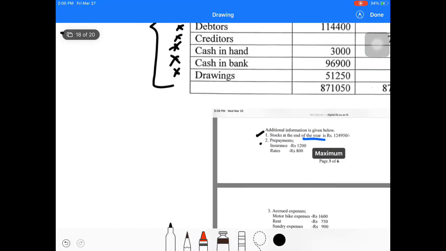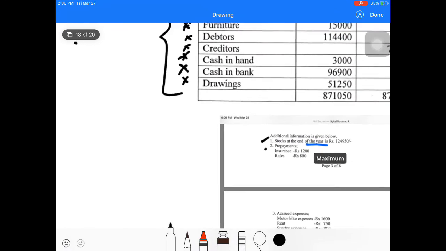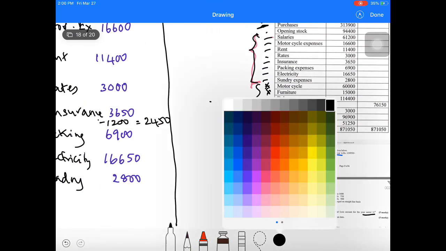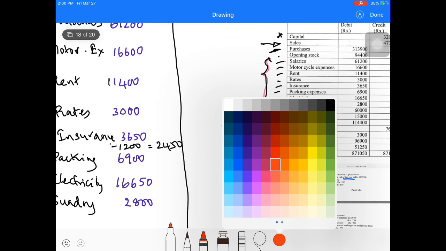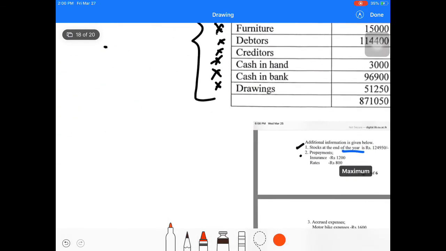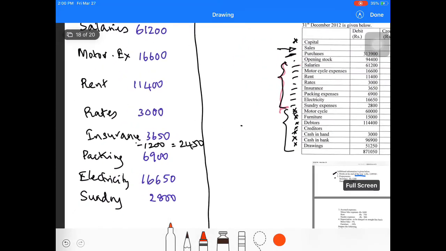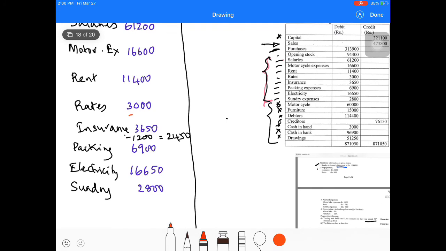Then next prepayment is rates, right? Rates. When we consider rates, amount is 3,000 but prepaid 800. So we have to deduct 800. Therefore, total amount will be 2,200.